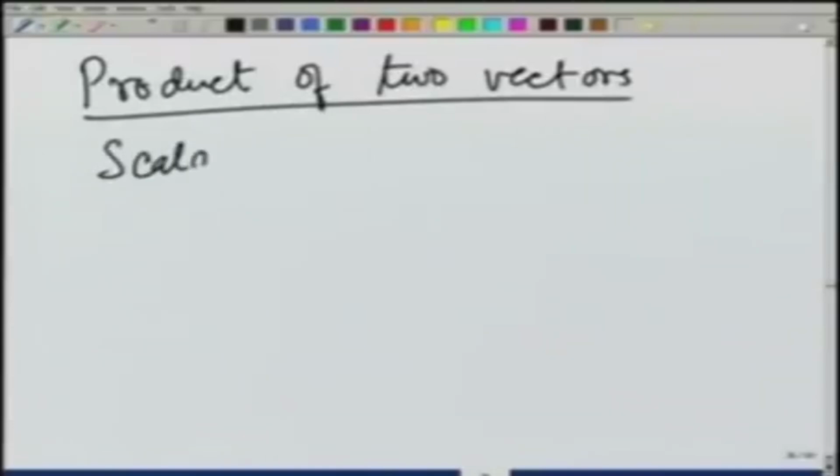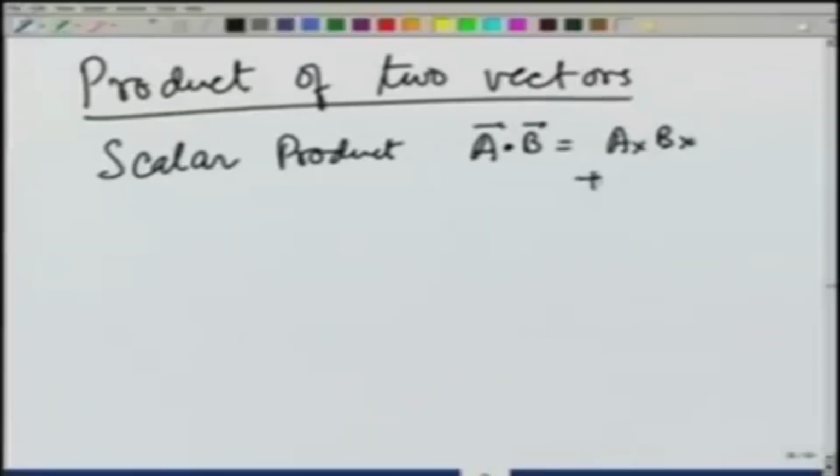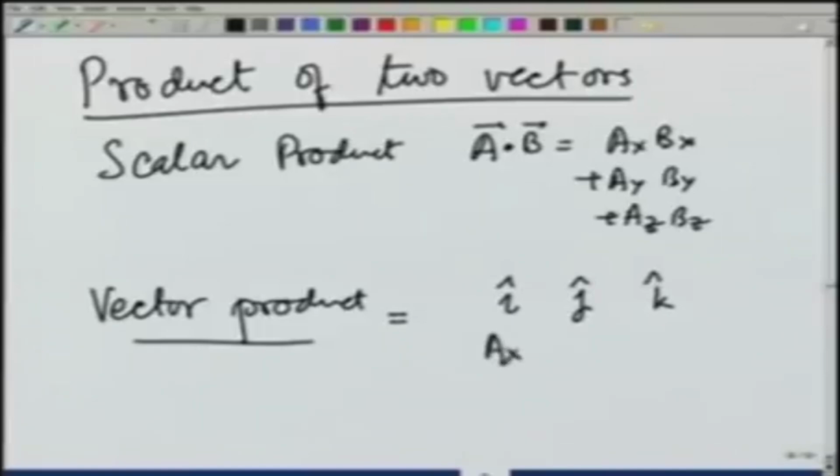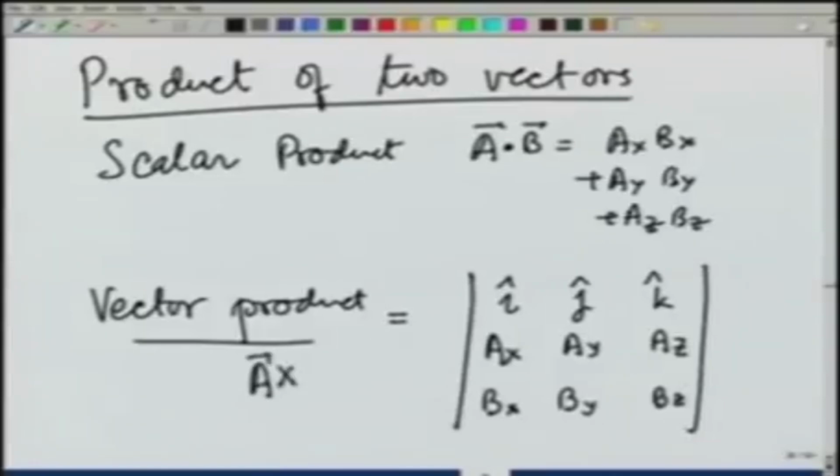One is a scalar product, written as A dot B, which is nothing but a_x b_x plus a_y b_y plus a_z b_z, and the other is the vector product, which gives me a vector quantity, which in short I can write as a determinant with rows i, j, k; a_x, a_y, a_z; b_x, b_y, b_z, and this is A cross B. I leave it for you to check that this gives the same expression as we used earlier.